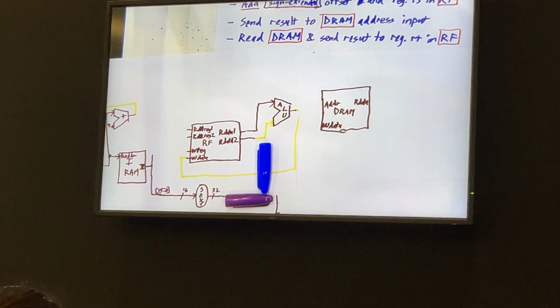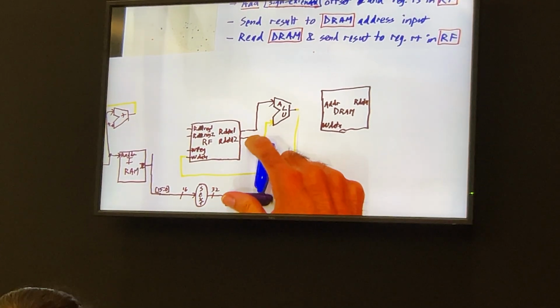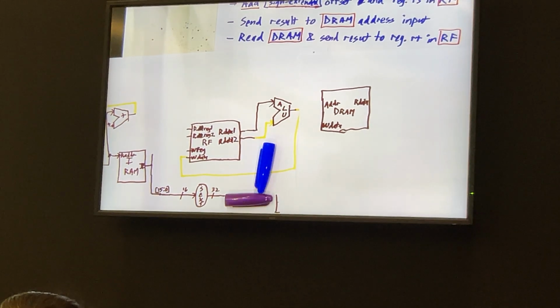So assuming these are lines, we can connect this into this ALU, right? Everybody happy with that? No. Why not? You can't have two outputs go to the same input. Exactly. We just burnt the chip because we're connecting this output and this output together. That is bad. So we can't do that.